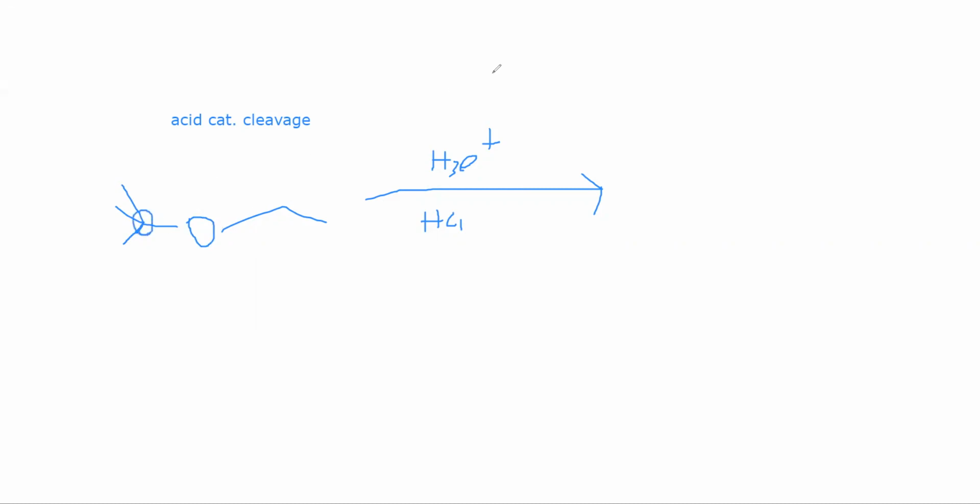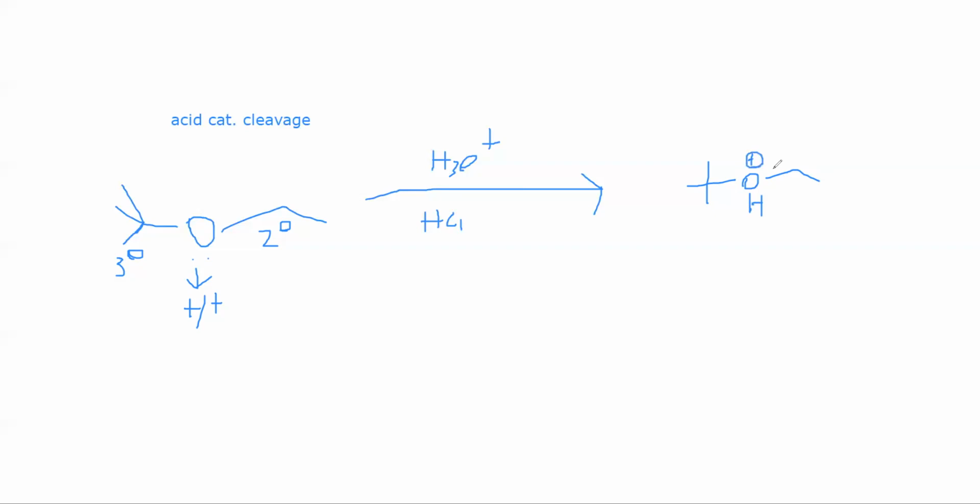On the left side, this is tertiary. On the right side, it's secondary. I'm pretty sure that's secondary. So the first step is always going to be the same. It's just going to be the ether getting protonated. So we have an OH plus.